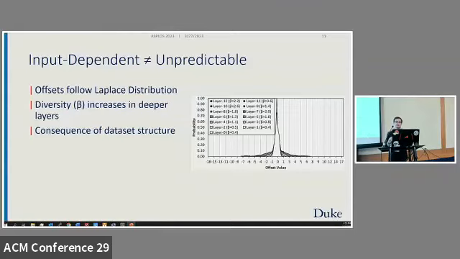We observed that this is likely a consequence of the data set structure, which is inherent to the way that we train our models. Every single data set has an underlying pattern or distribution, and consequently it will produce something similar to this for the offsets.